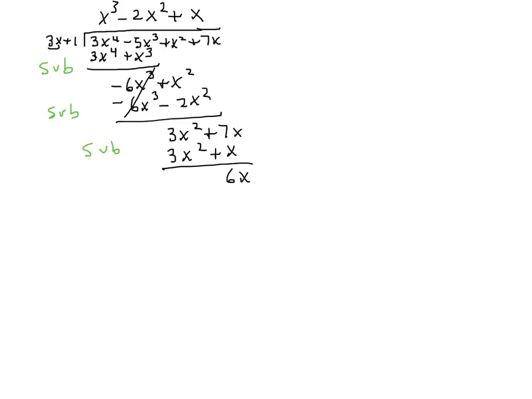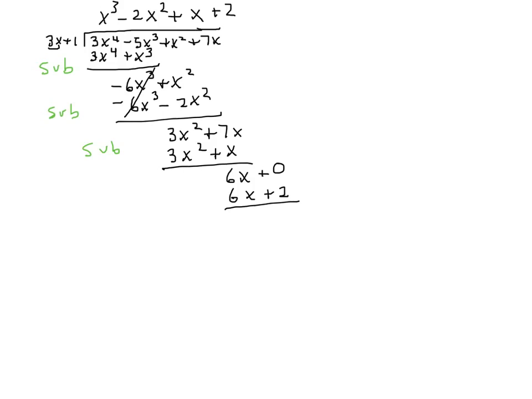Am I done? No, because I still have an x here, and x is the same as what I'm dividing by. 3x goes into there how many times? 2 times. And so I have 6x plus 2. Now above my 2 I have a 0. I still need to subtract.